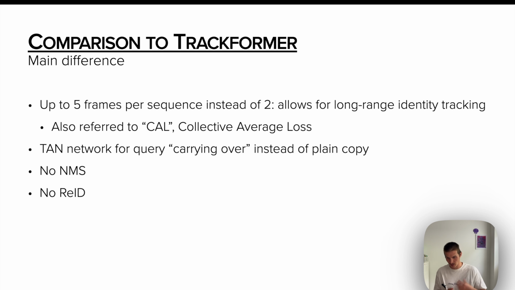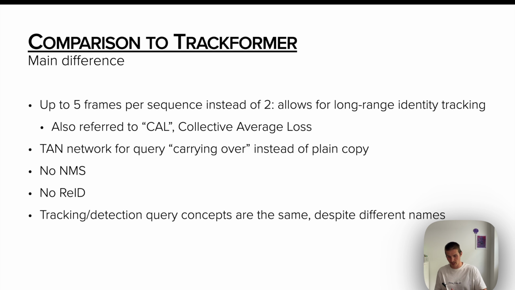There are also no special heuristics for re-identification, partly because we have this long-range identity tracking on its own, so we might not need that explicitly. The model should be able to handle that, although it's hard to say how well it will actually work.